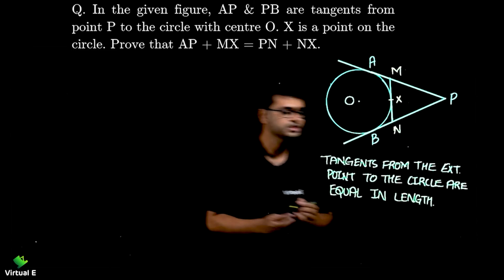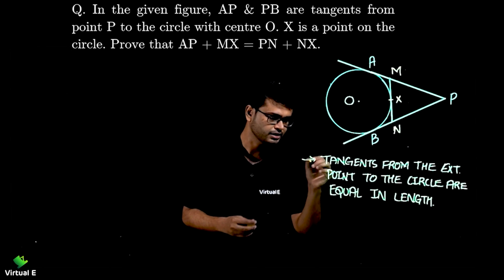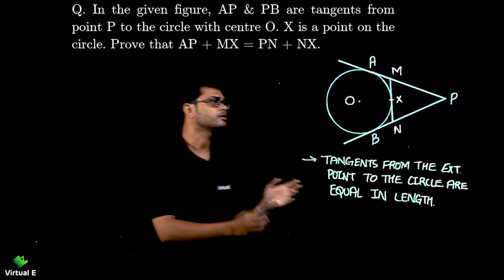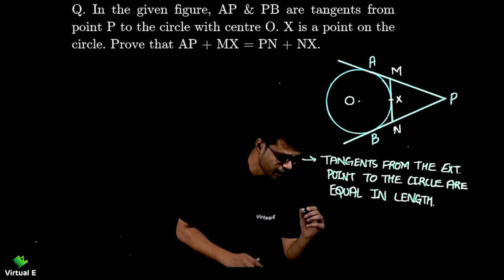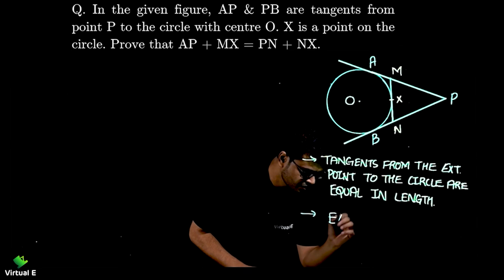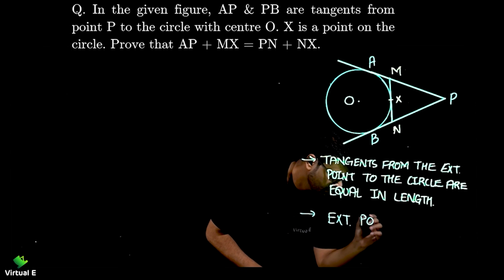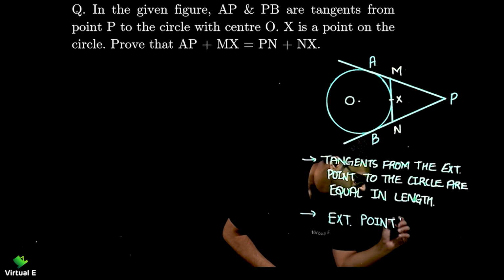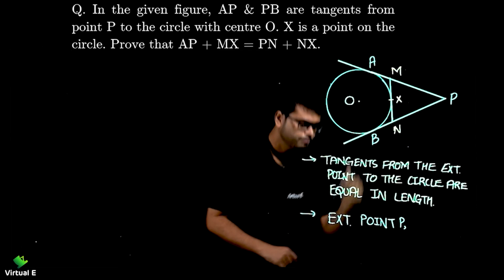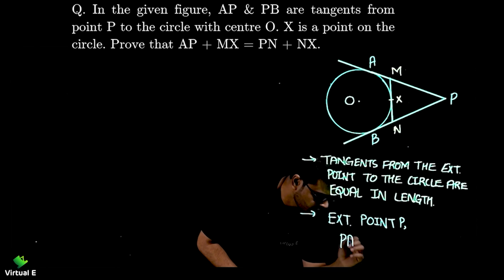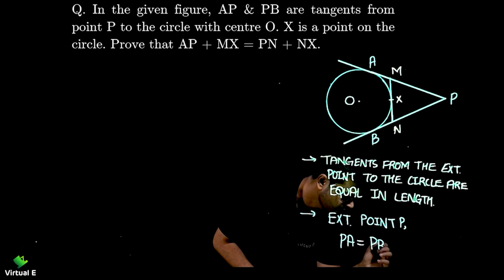Remember, this statement is very important, we need to write it. First of all, let's take external point P. For external point P, what relation can I write? PA is equal to PB.